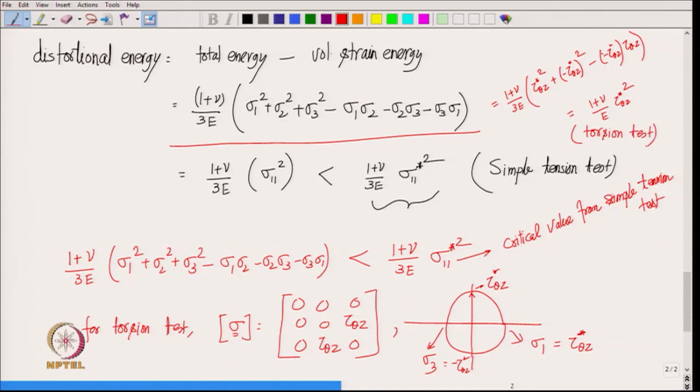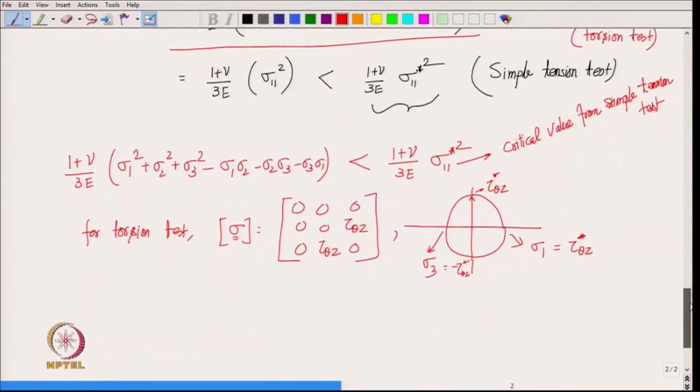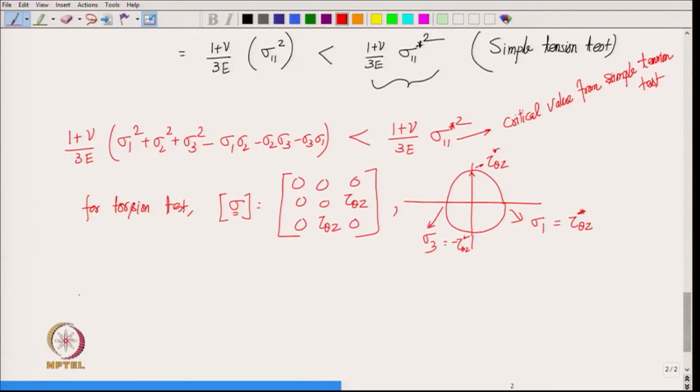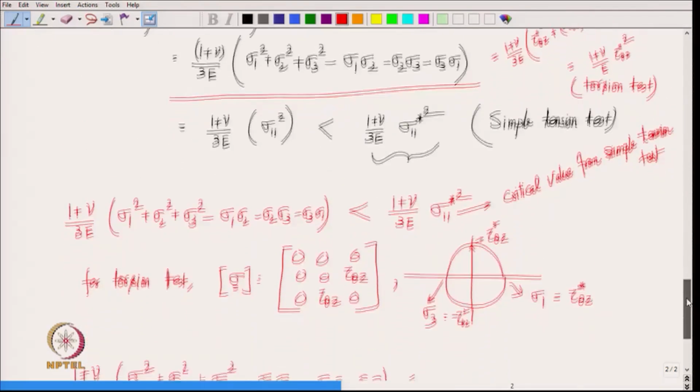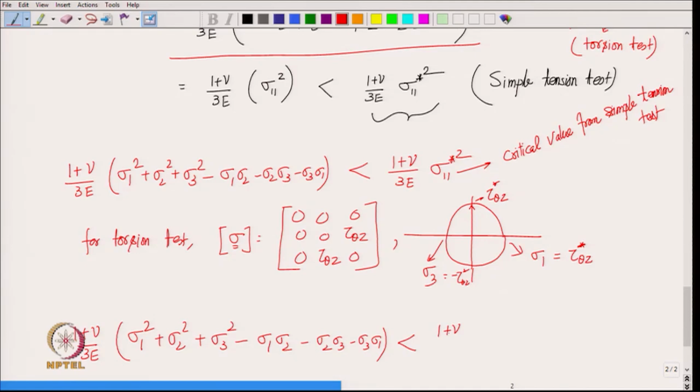If you obtain the critical value of distortional energy from torsion test, then we have to say that (1 plus nu) by 3E into (sigma 1 square plus sigma 2 square plus sigma 3 square minus sigma 1 sigma 2 minus sigma 2 sigma 3 minus sigma 3 sigma 1) should be less than the critical value here, which is (1 plus nu) divided by E into tau theta z star square.